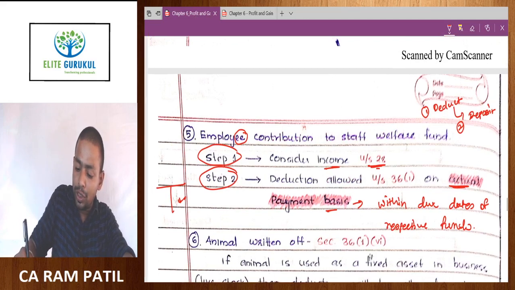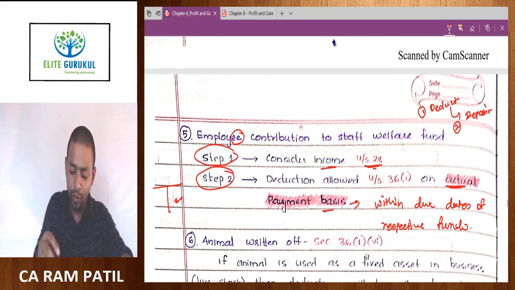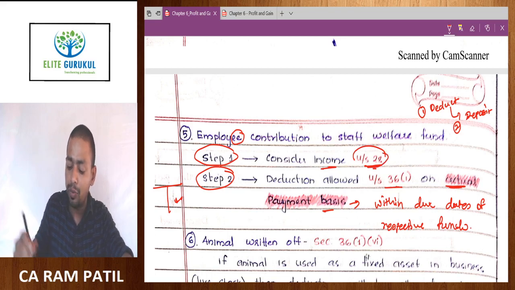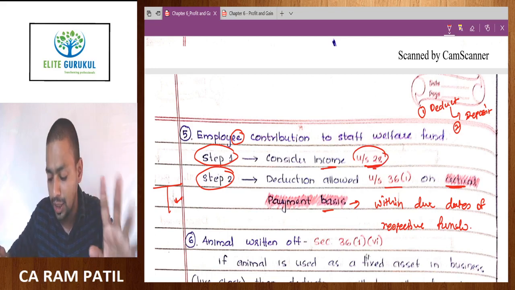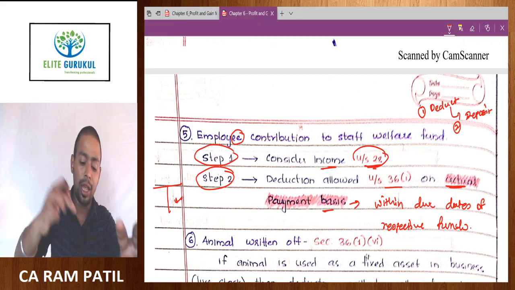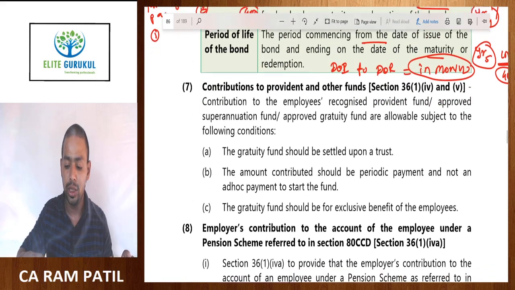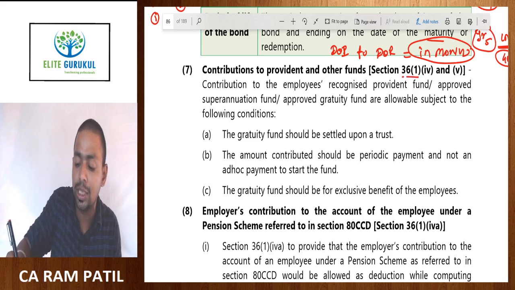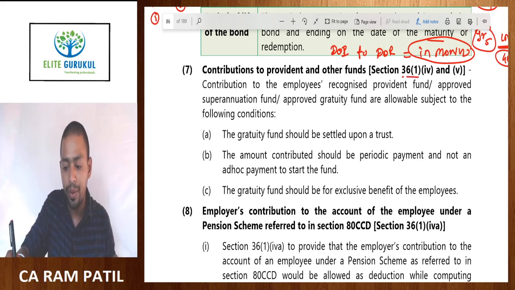Employee contribution to staff welfare fund is first considered income under section 28 and deductions will be allowed under section 36 subsection 1. Now the same thing we will read from the theory written by ICAI. So have focus on this. Contribution to provident fund and other funds under section 36 subsection 1 clause 4 and clause 5.